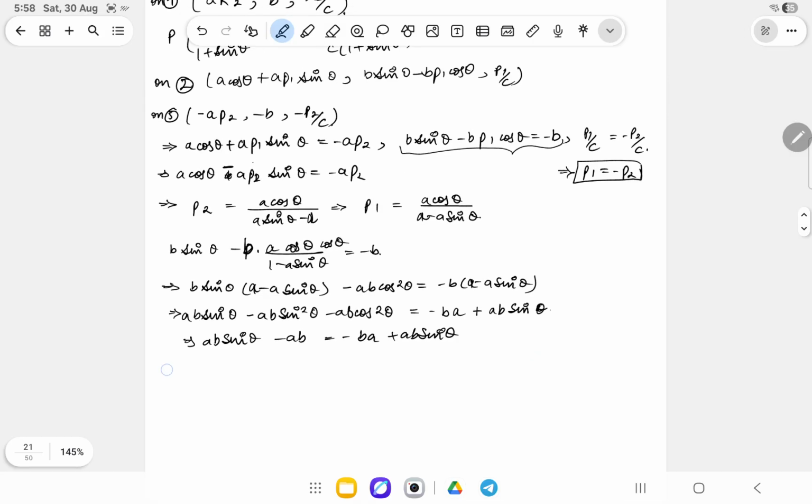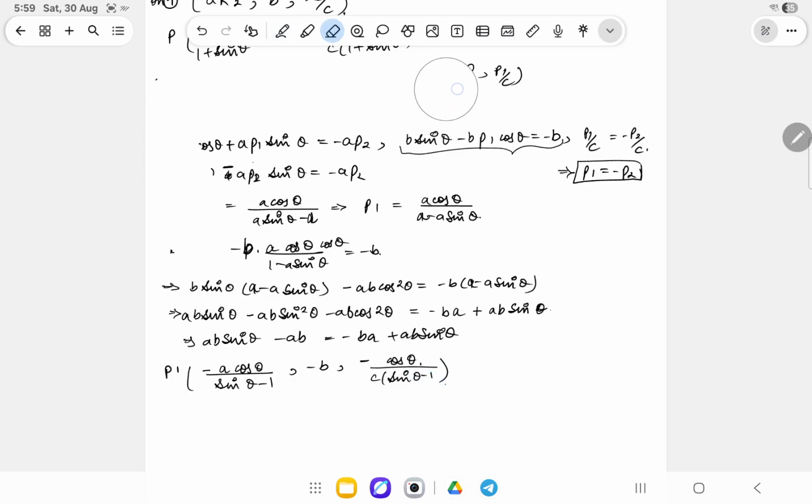So my P dash point will be basically minus a cos theta upon sin theta minus 1, minus b, minus cos theta upon c into sin theta minus 1. So I got my P dash.